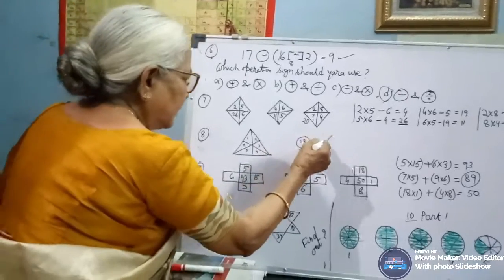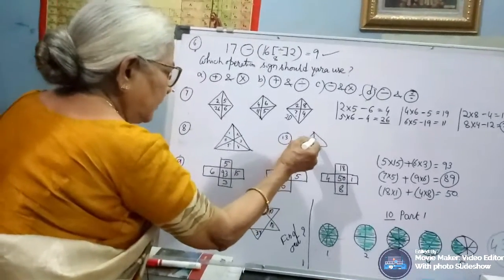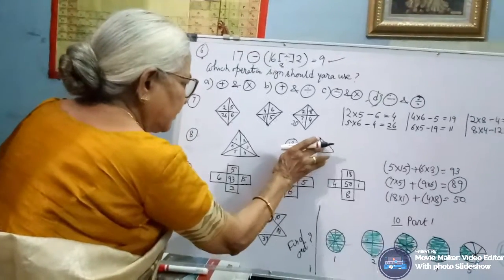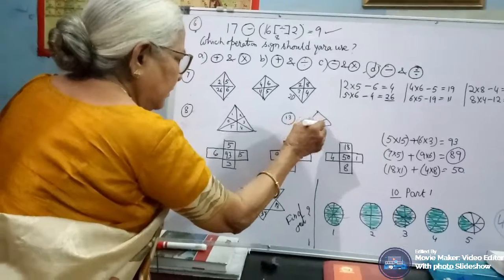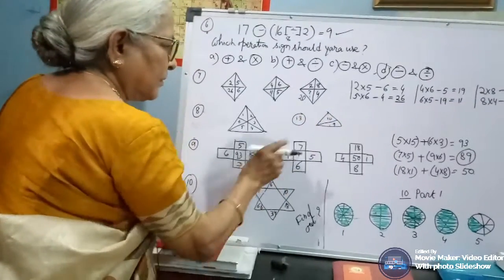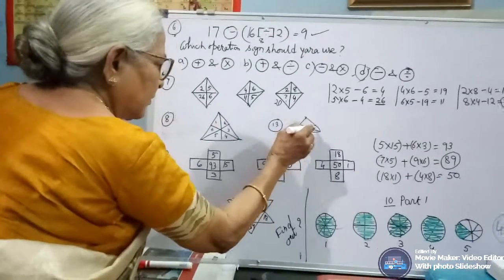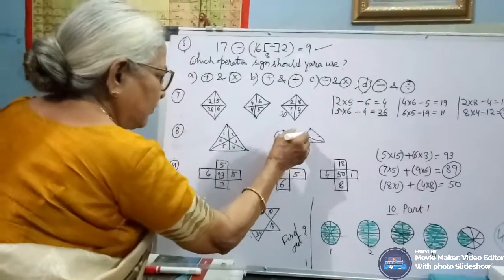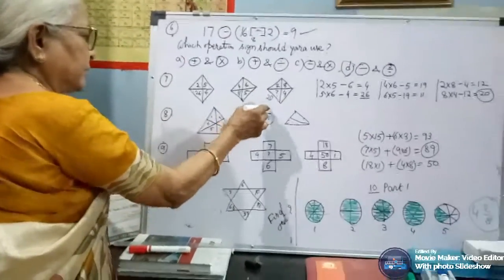Now here 7, 8. Okay. 9, 10. Okay. Then 11, 12, and then the big triangle. So number of triangles is 13.